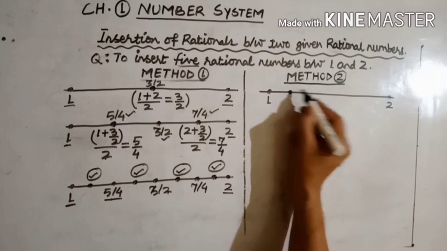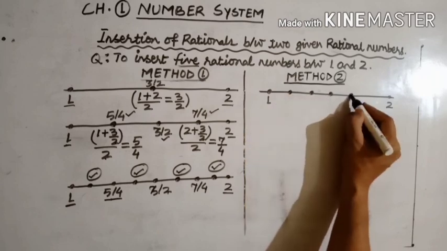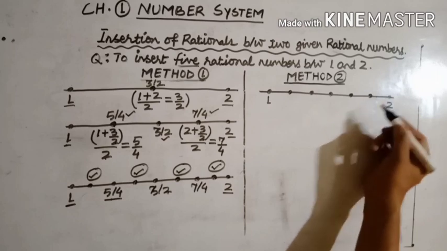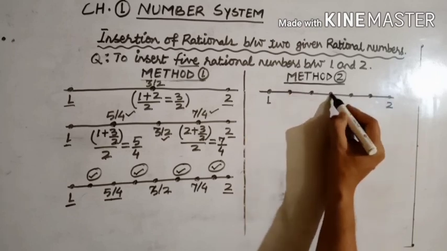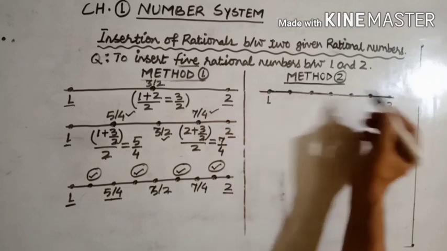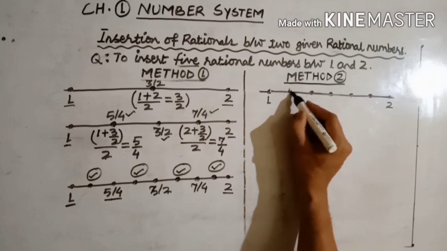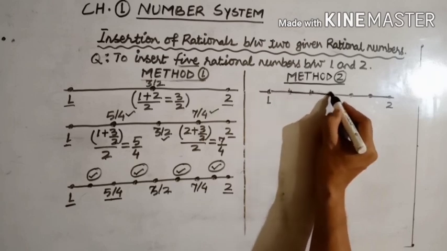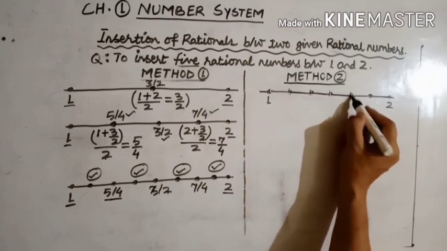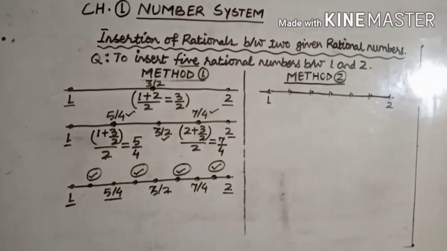So as if 5 rational numbers are located between 1 and 2, these 5 rational numbers will be dividing this difference between 1 and 2 into 1, 2, 3, 4, 5 and 6 equal parts.